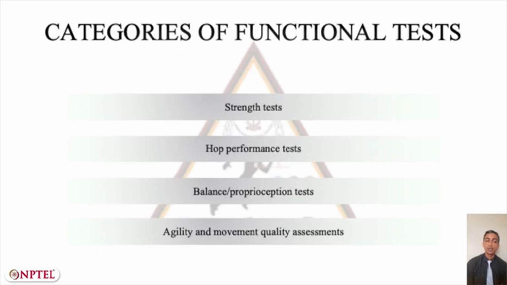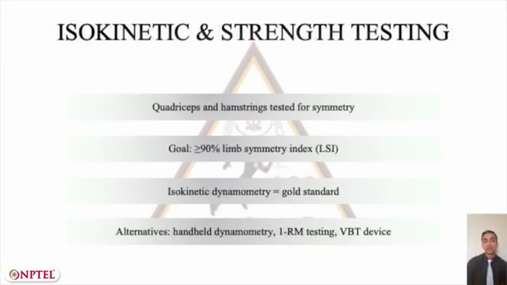Now, in the subsequent slides, let us discuss each of these domains. Strength is critical for knee stability. Isokinetic dynamometer is a laboratory-based device that measures muscle torque across a joint at a constant angular velocity.